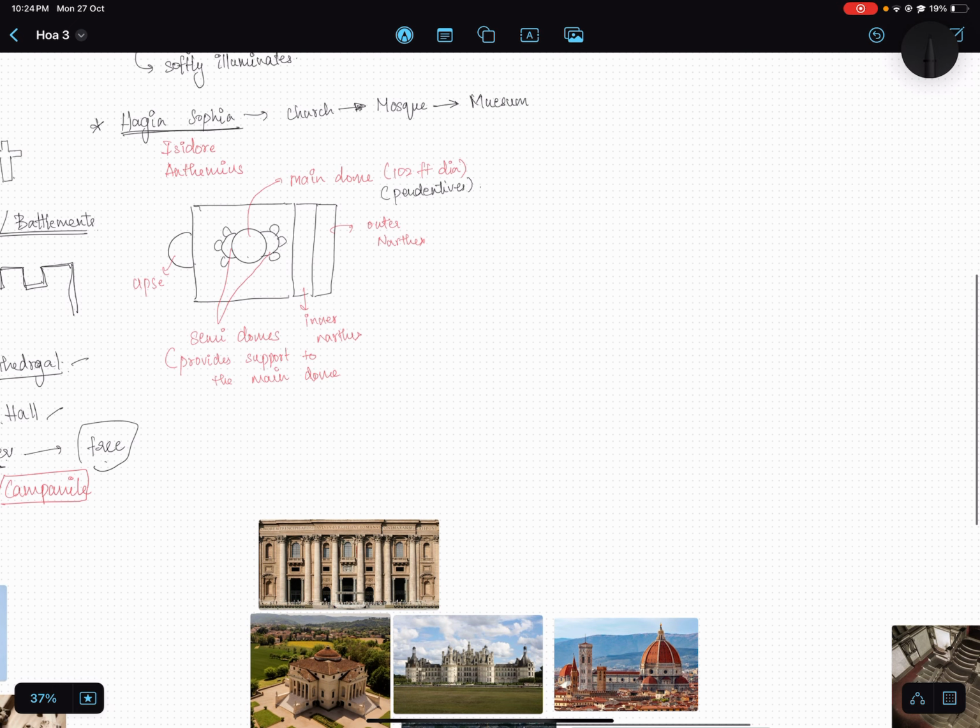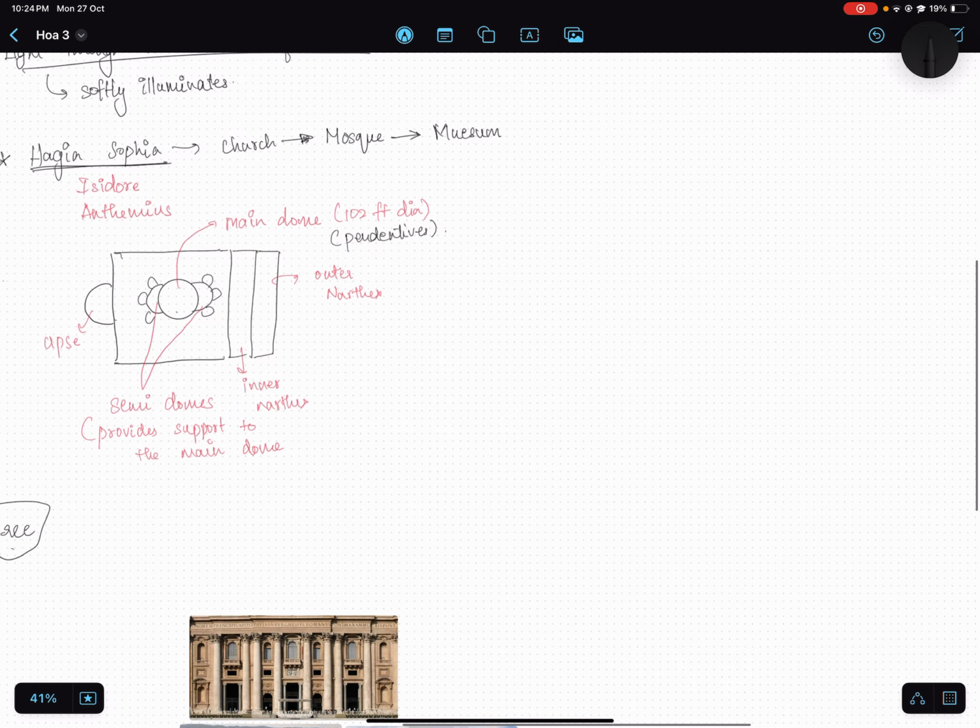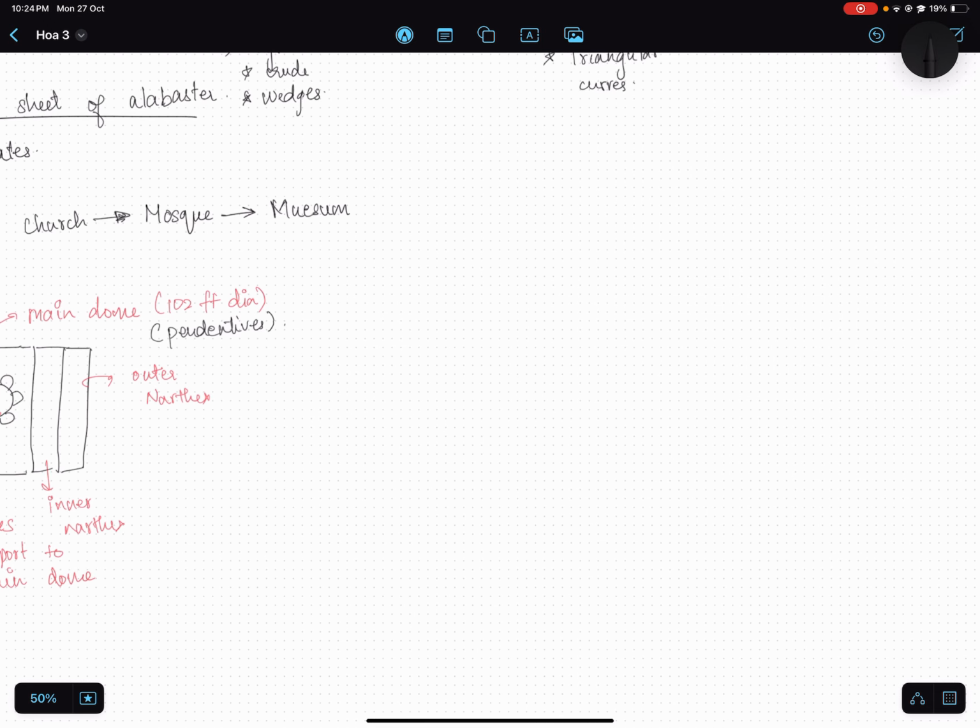Now we can move on to Gothic. So Gothic, the first thing that most of us can remember about Gothic is the extensive use of ornamentation.